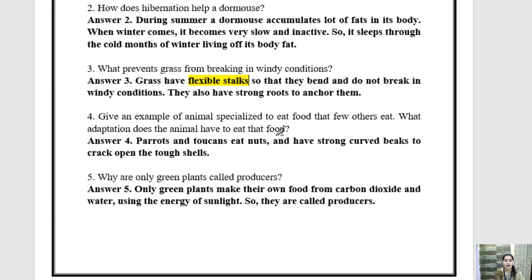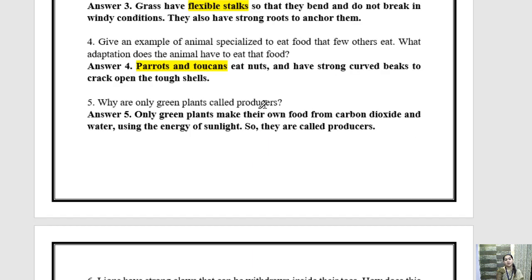Alright. Now question 5. Why are only green plants called producers? Because we know that only green plants can prepare their own food in the presence of sunlight, carbon dioxide and water.